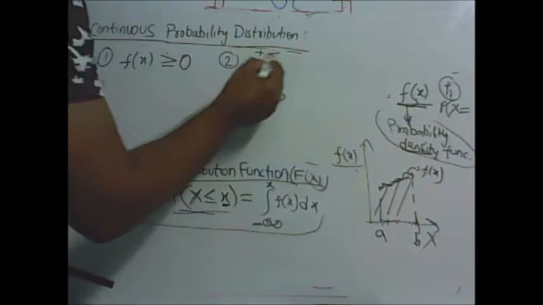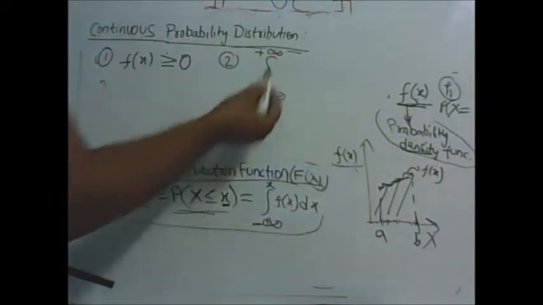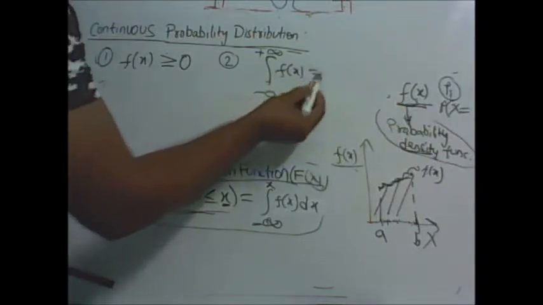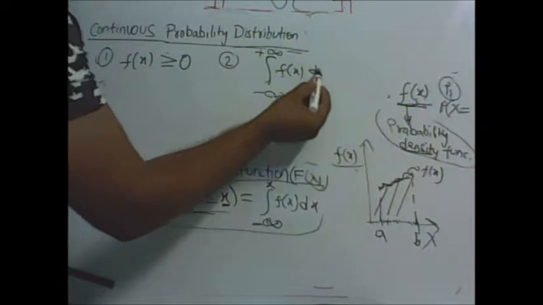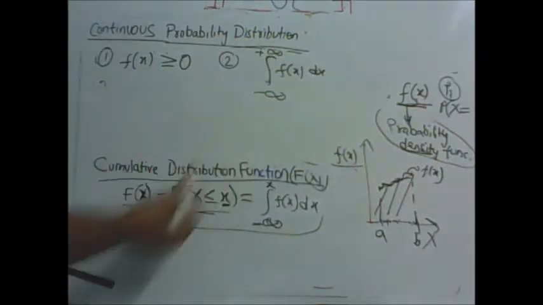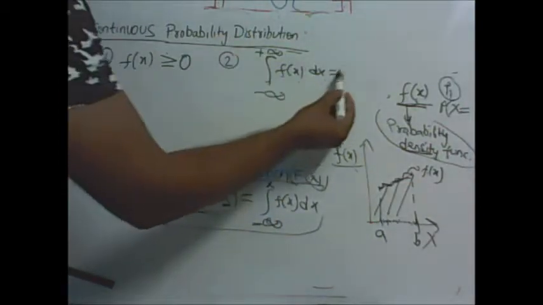Up to plus infinity, because its range is minus infinity to plus infinity, the integral of f of x dx, this is the total probability of x taking different values between minus infinity and plus infinity, equal to 1.